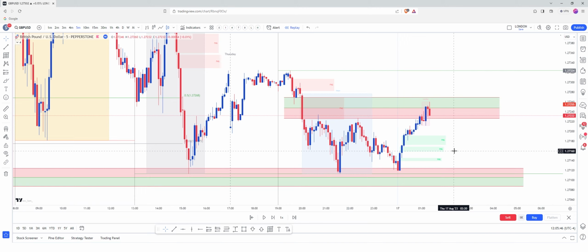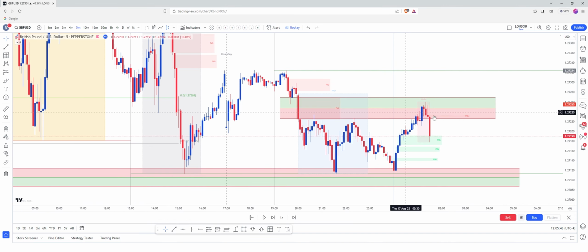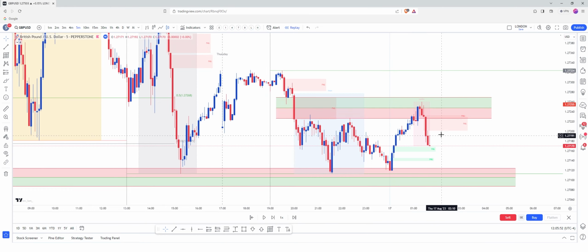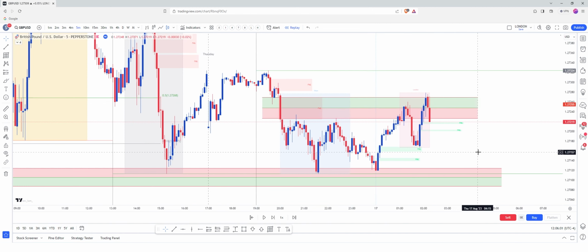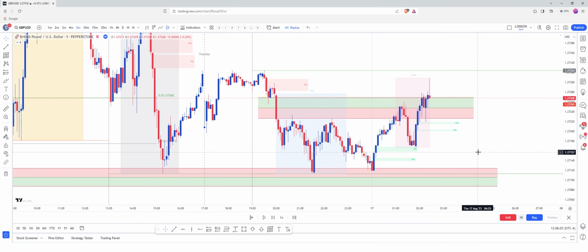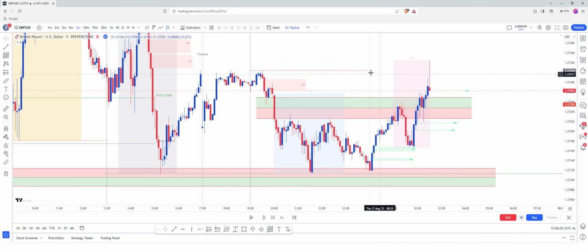So price is pumping up. It has respected that 15-minute fair value gap and started rejecting away. I wouldn't be looking to take a trade at this point because we haven't taken any session liquidity yet. Price is continuing higher. We have now taken the session liquidity.